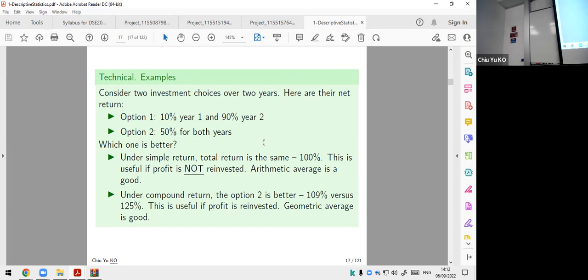Although the first one grows a little bit and then a lot, 50% per year is better. As this is not a finance class, I just leave you to say there are many types of average. You have to pick the appropriate one. If there's no reinvestment, then simple average will be fine. Otherwise, use the compound one.